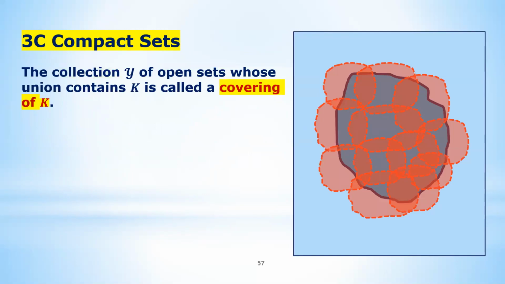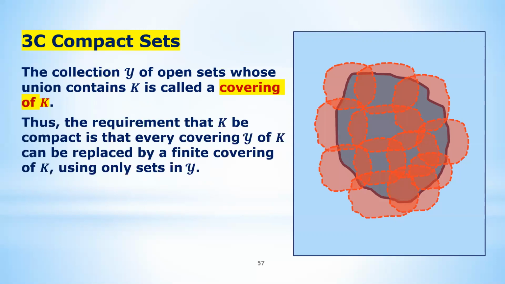The collection Y of open sets whose union contains K is called a covering of K. Sometimes it is called an open covering of K, but it doesn't matter, so let's simplify and just say it is a covering of K. Therefore, the requirement for K to be compact is that every covering Y of K can be replaced by a finite covering of K. The finite covering is a subcovering of Y, using only sets in Y. Okay, so that's the requirement.